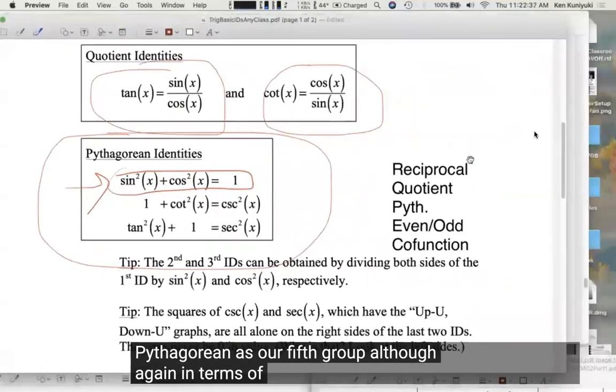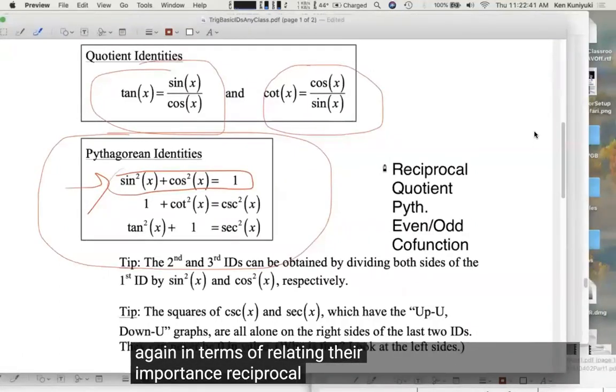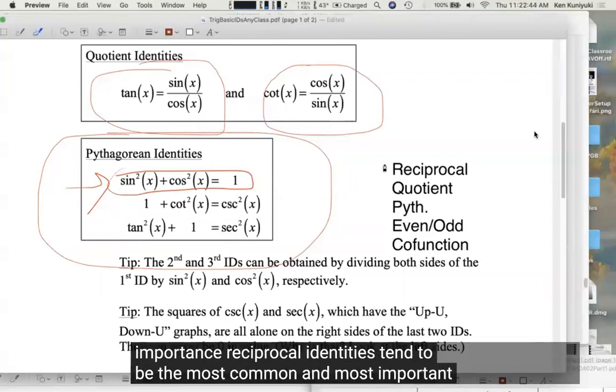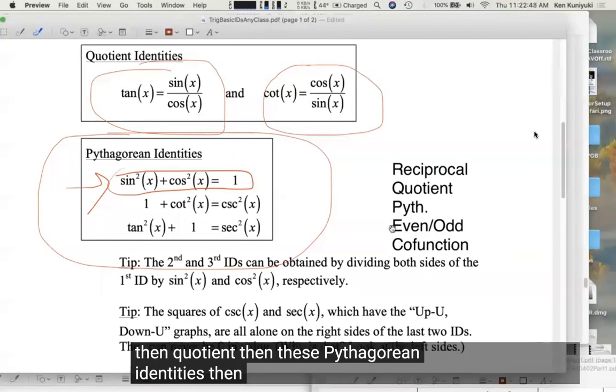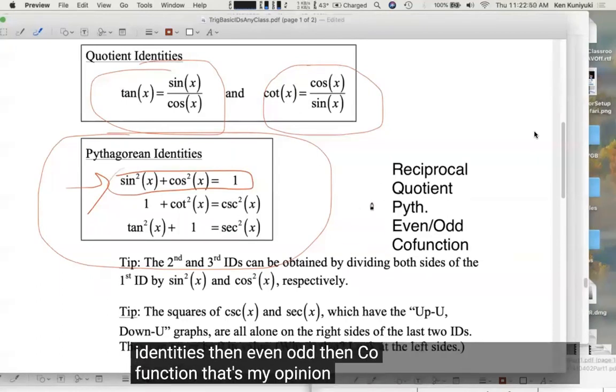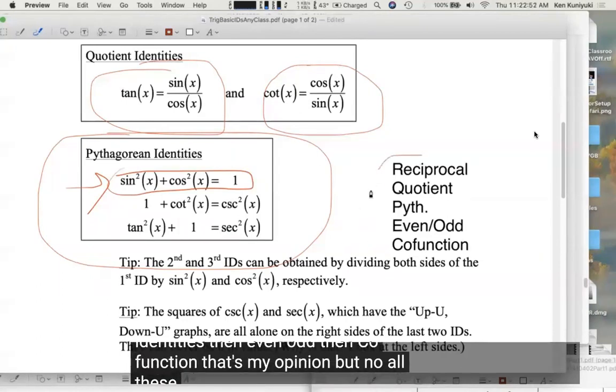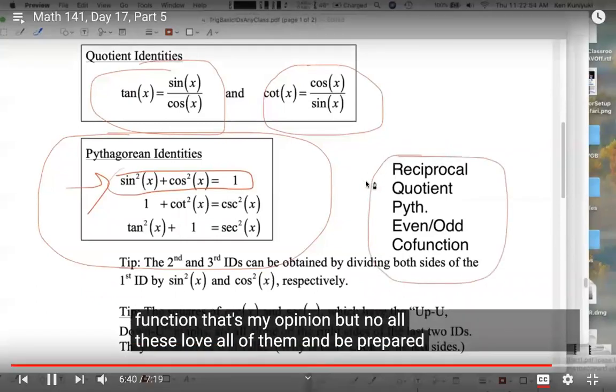In terms of importance, reciprocal identities tend to be the most common and most important, then quotient, then these Pythagorean identities, then even odd, then cofunction. That's my opinion. But know all these, love all of them, and be prepared to use all of them.